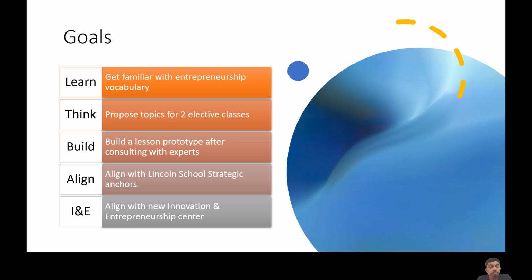We are going to be building a lesson prototype, or rather the result from the lesson prototype that students should be building while taking this class. The fourth goal is to align with the Lincoln strategic anchors and finally align with the new Innovation and Entrepreneurship Center. And for these last two, we'll have a couple of resources later on during the presentation.